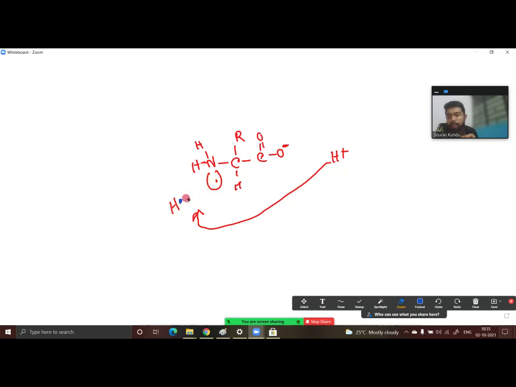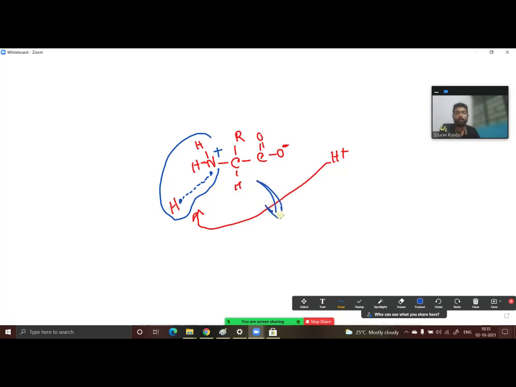Nitrogen, by losing its one electron, will have a positive charge. Now this electron will be bonded with nitrogen, and there NH3 plus will be there.